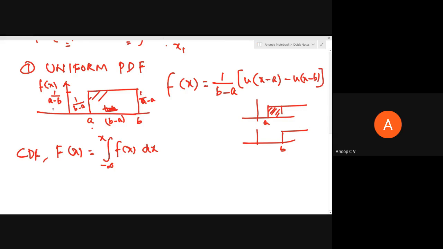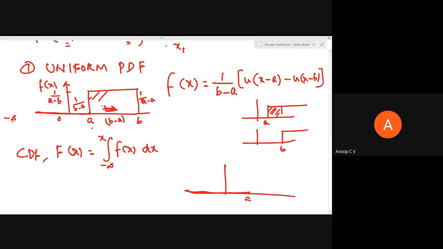But if you see this, from minus infinity to a, the probability of x taking a value between minus infinity and a is 0, right? Maybe intuitively we can just plot before we evaluate this. So for it to take values from minus infinity to a, the probability is 0. So if you integrate from minus infinity to a, the probability has to be equal to 0, right?